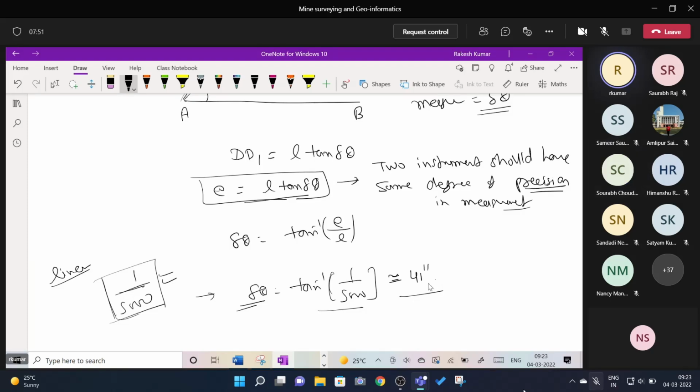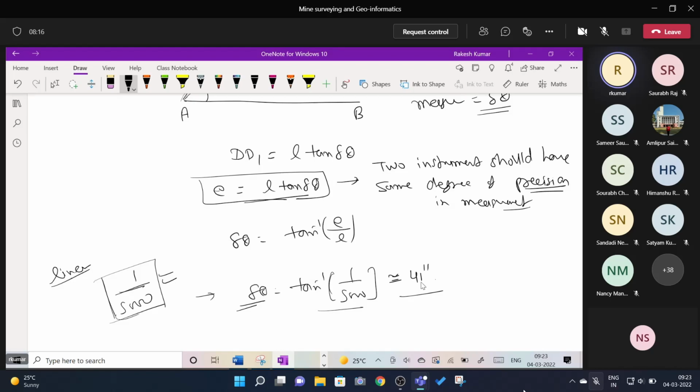Yes. So what does that mean? If you are using a linear measurement instrument that has an error of 1 upon 5000, that is the precision in the linear measurement. We explain it that way. The precision of the linear measurement is 1 upon 5000. So what should be the precision of your angular measurement?